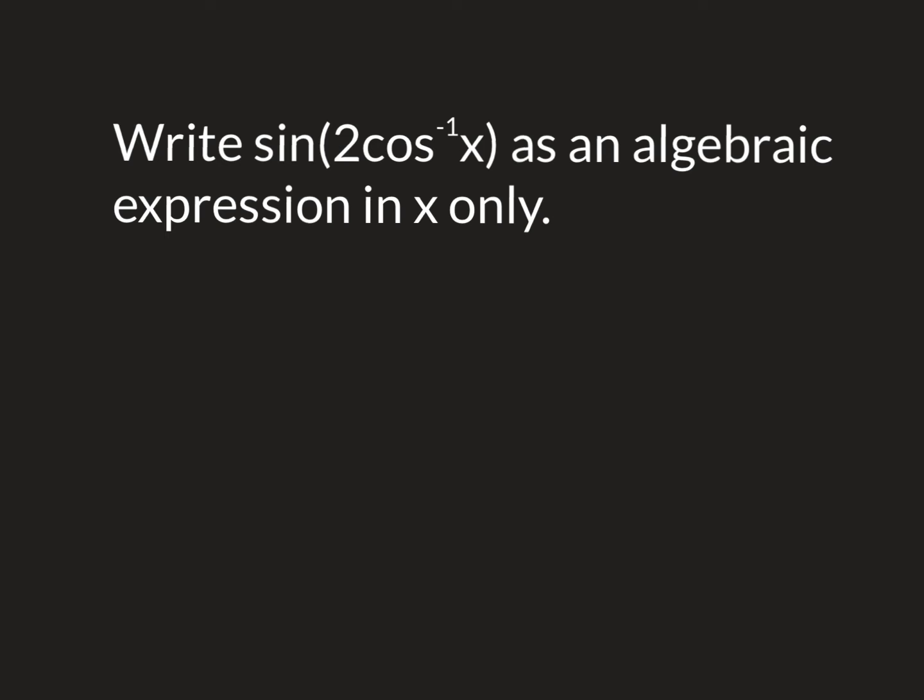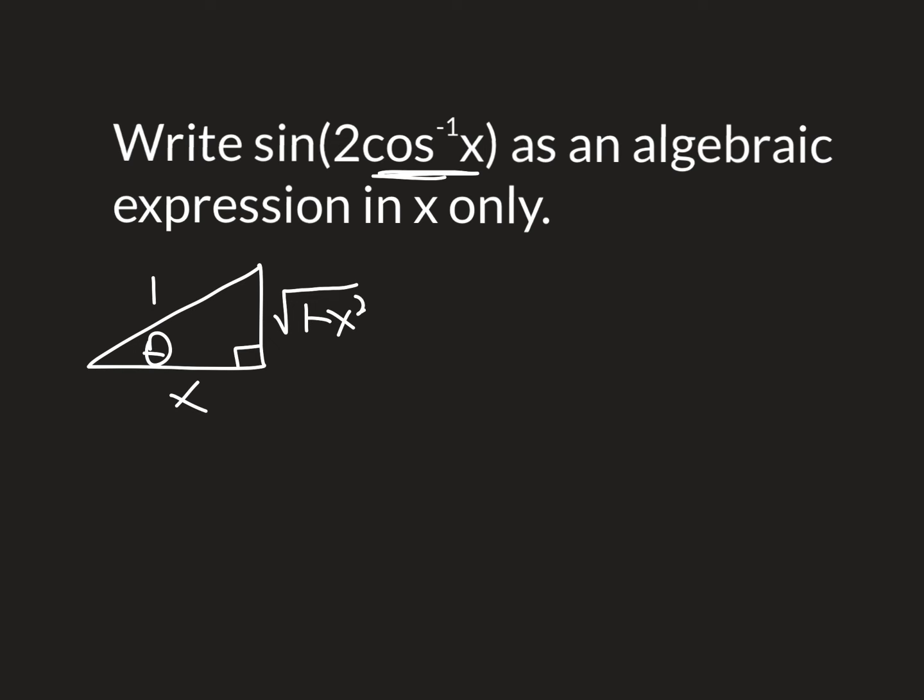This one says write sine of 2 times inverse cosine x as an algebraic expression in x only. I'm going to start with the inside part, inverse cosine of x, which is really saying where's cosine x. Cosine is x where the adjacent side is x and the hypotenuse is 1, which means the side over here is the square root of 1 minus x squared. That's just using the Pythagorean theorem. I'm looking at this like it's sine 2x, where the x is the inverse cosine.